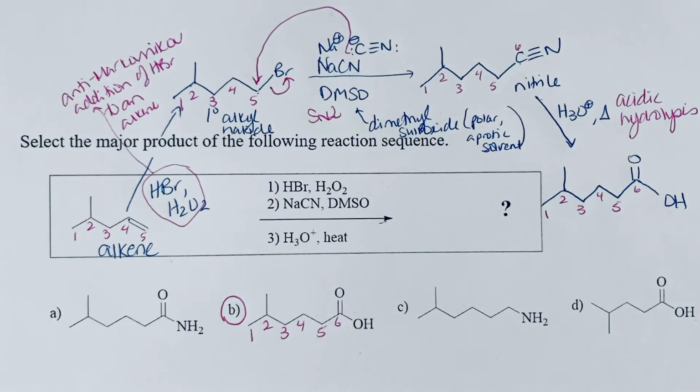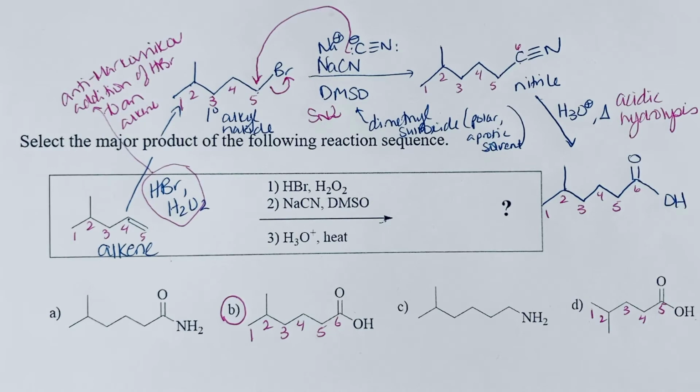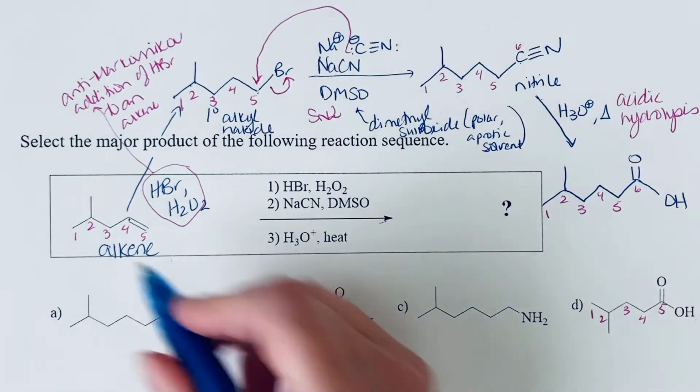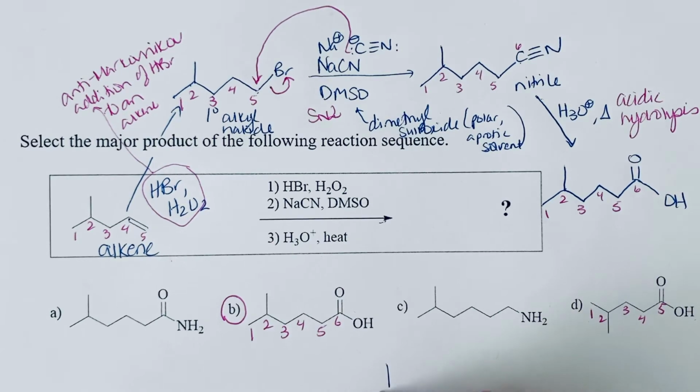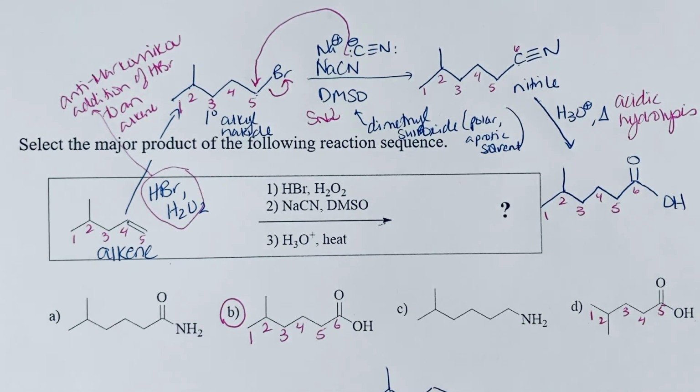Okay. And so the only other thing that's kind of close that might fool you is D. And that is short a carbon atom. But we could, however, also make D from that same alkene. So it's just kind of an aside. So if we wanted to make D, we would want to make sure that we do not add a carbon atom, right?